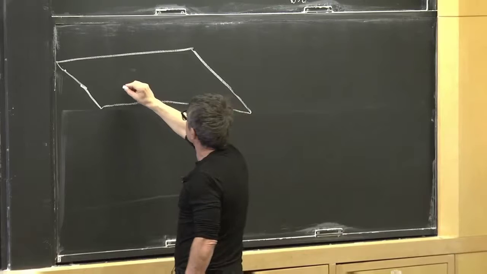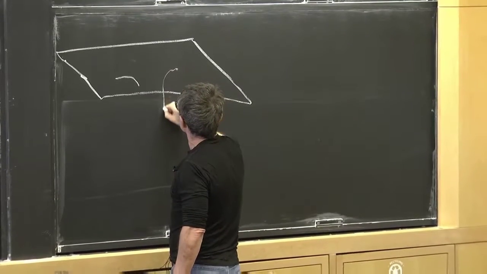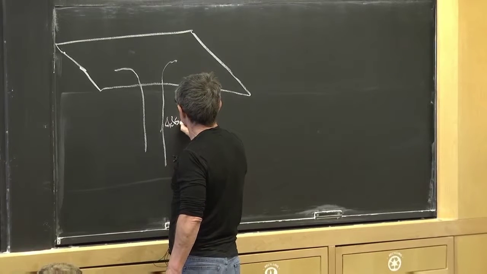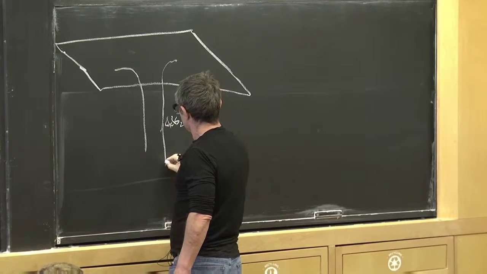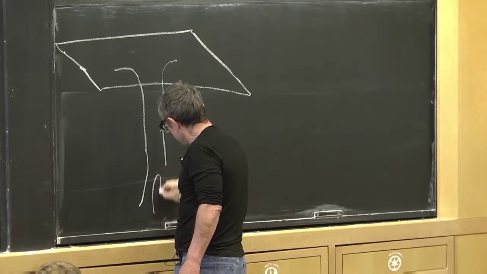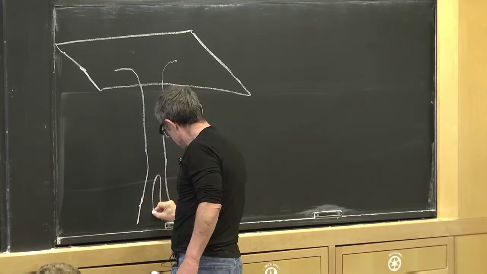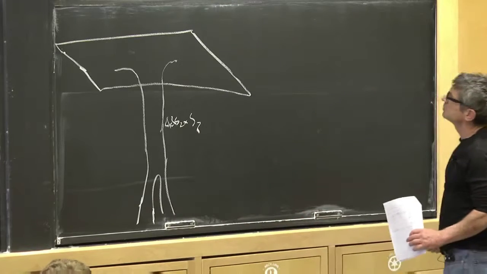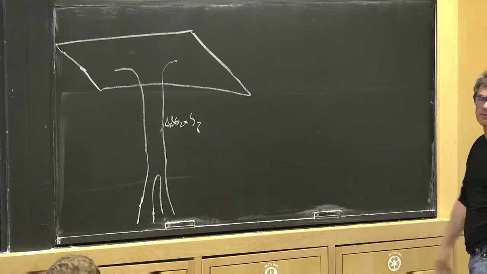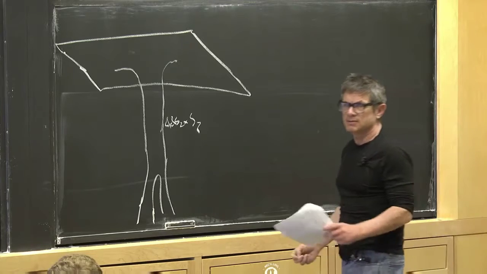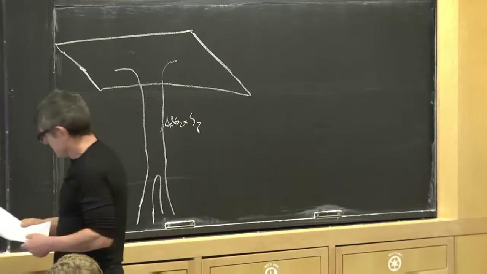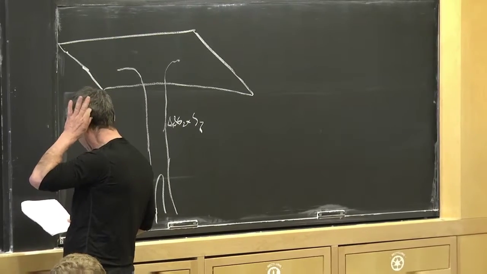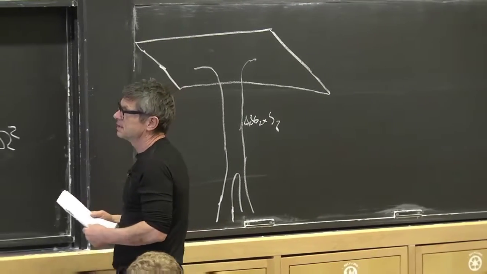So I get something like this, where I have a throat that goes on for a long time, and I get into an AdS2 times S2 region, which then splits into two throats. So it doesn't always look exactly like that if you take them very close together. And the study of the structure of these multi-Reissner-Nordstrom solutions has a lot of interesting physics in it.